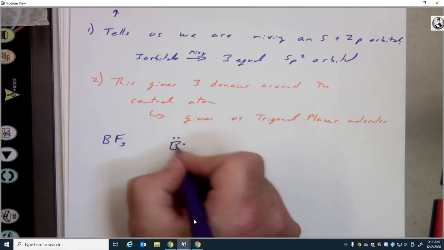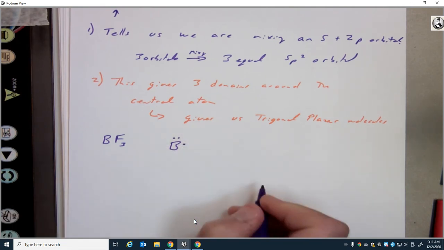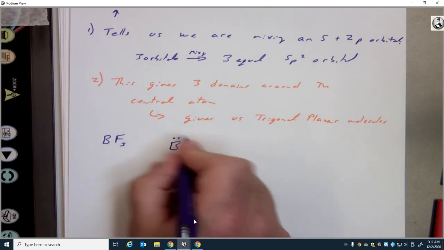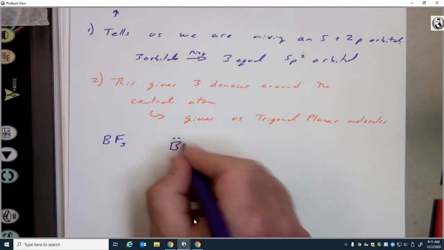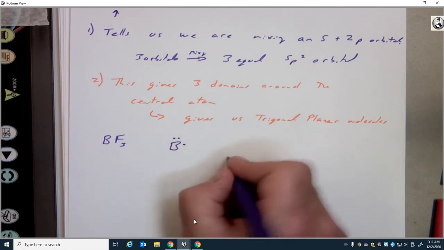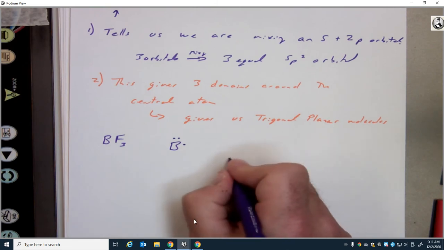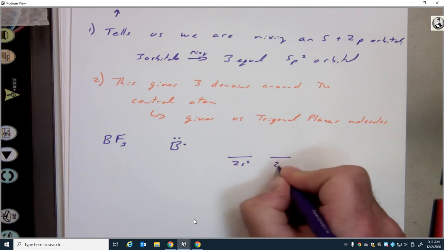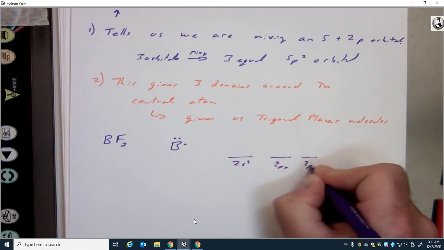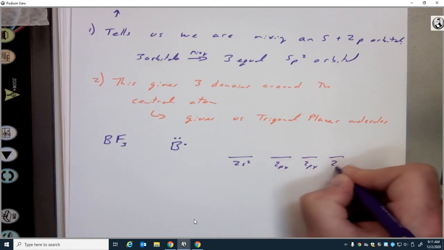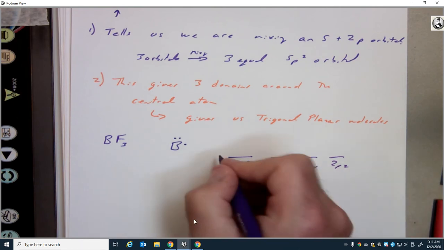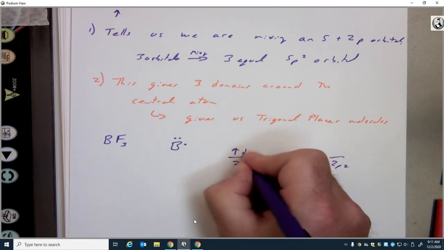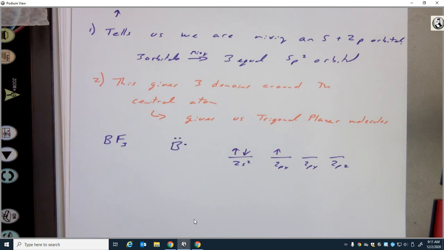Well, it looks like it's only going to make 1 bond, but it will actually make 3. All right, it will make 3. So if we look at its electron configuration for boron, we have 2s2, an up-down and an up.